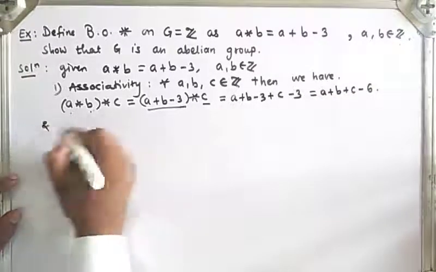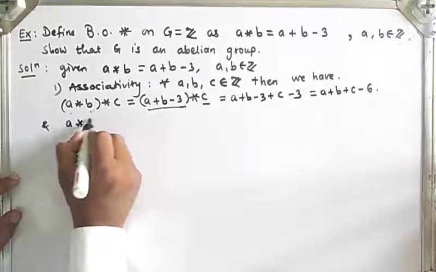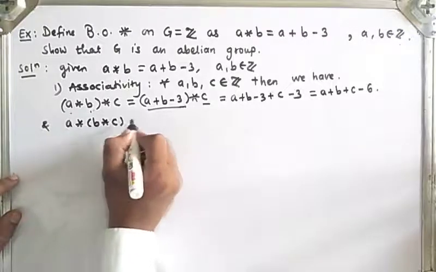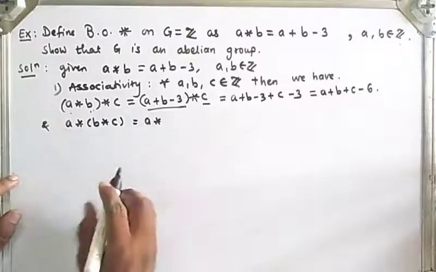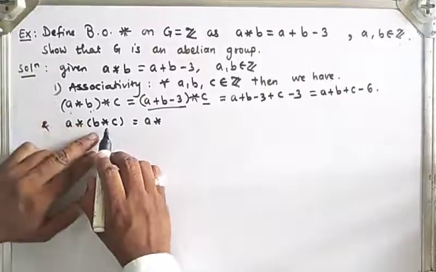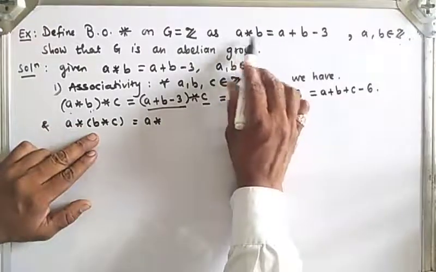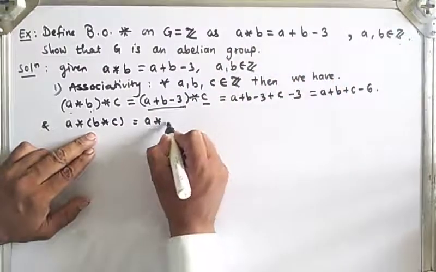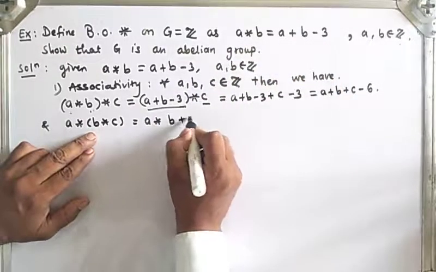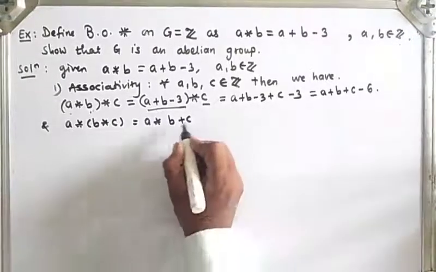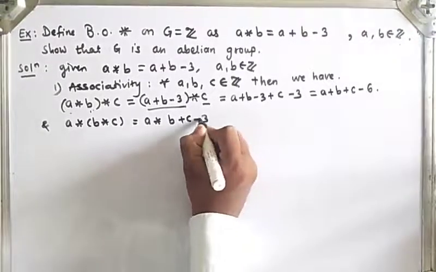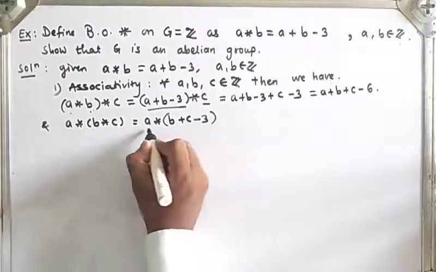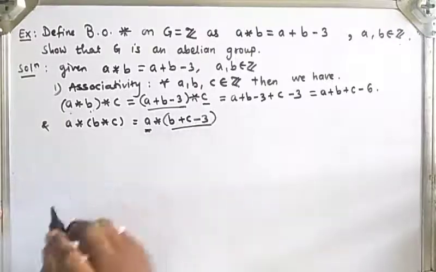And the RHS is a star (b star c). So what is b star c? b star c is the addition of these two elements minus 3, so b plus c minus 3. This is the first element and this is the second element.